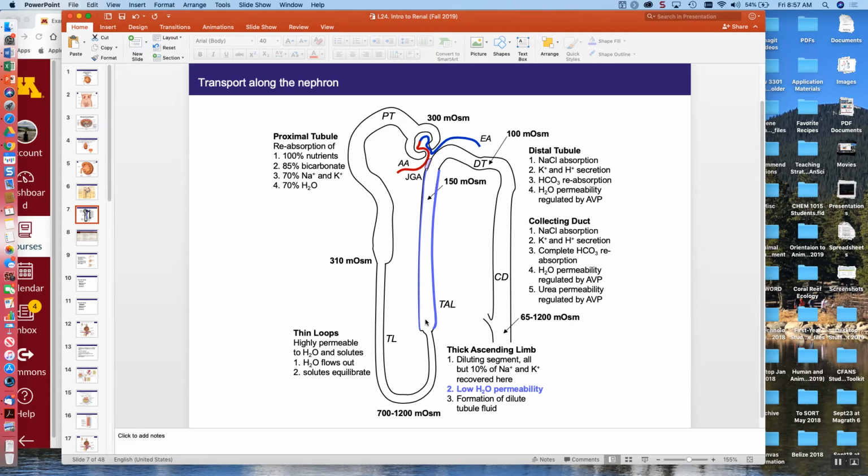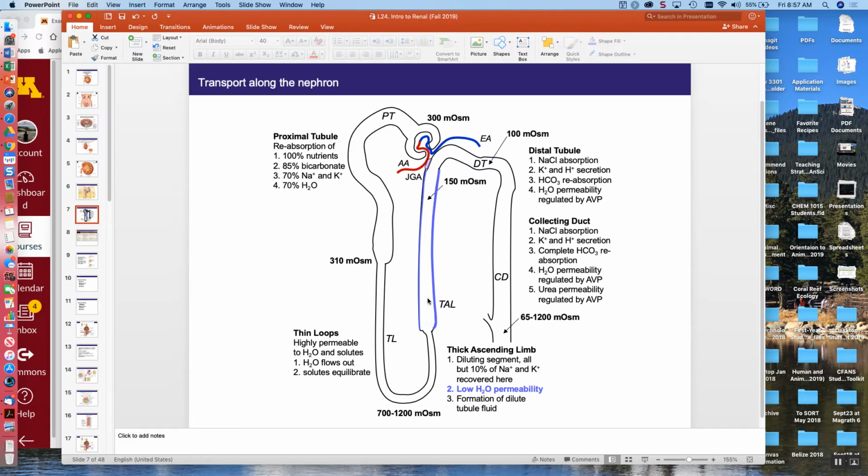It's moving a ton of solute out. Remember, this is pretty concentrated fluid. It's just moving solute out, more so in the beginning than up here at the top of the thick ascending limb. So it's moving solute out, but water is not allowed to follow because there's no pathway. It's very low water permeability.